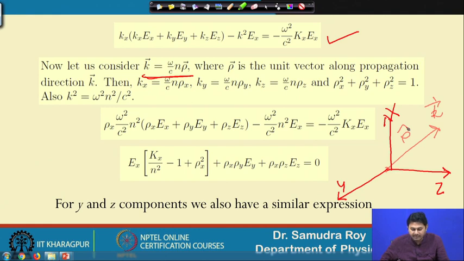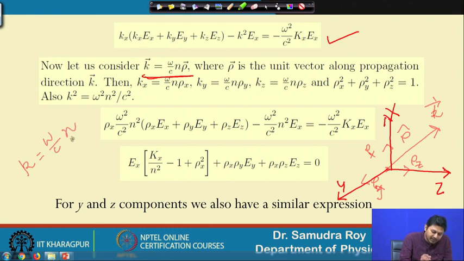If that is the case, then k can be represented in terms of rho x, rho y and rho z, the components along x, y and z. What will be the amplitude of k? We know that k is nothing but omega divided by c multiplied by n, that is the amplitude of k.